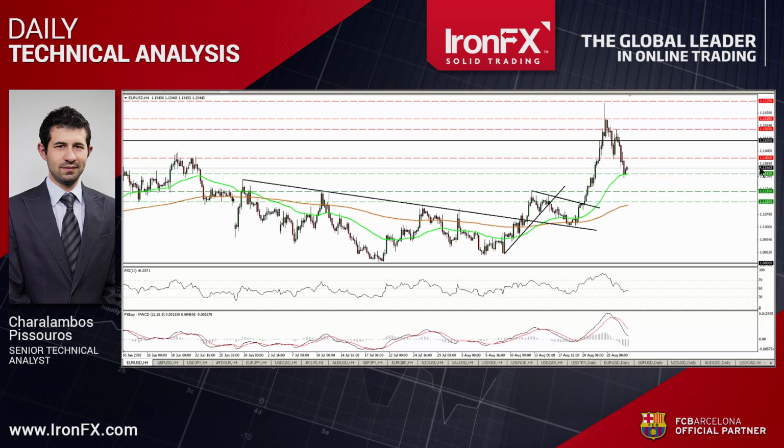A break below 113.10 could set the stage for extensions towards the 112.10 barrier. The RSI fell below 50, but it rebounded somewhat, while the MACD, although positive, stands well below its trigger line.